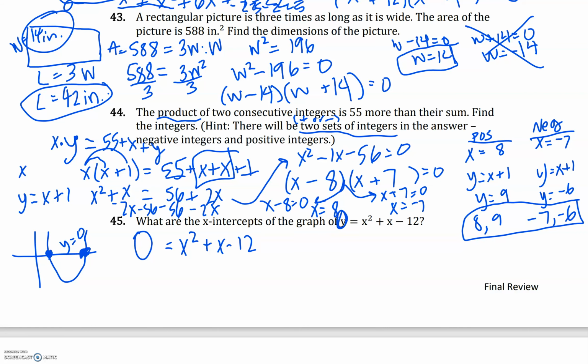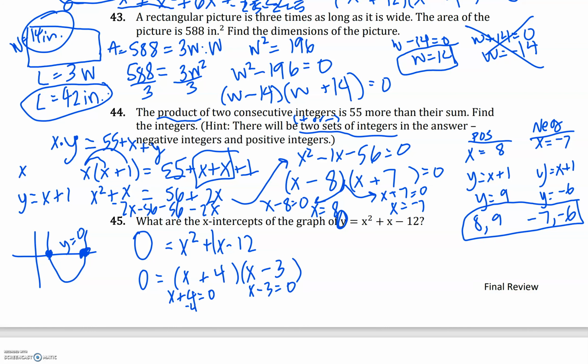We are going to solve this, but luckily we already have 0 on one side, so we can just do that fast trinomial factoring. Have an x and an x here, negative 12, but adds to be positive 1x. I'm going to have plus 4 and minus 3. Solve each of those for 0.